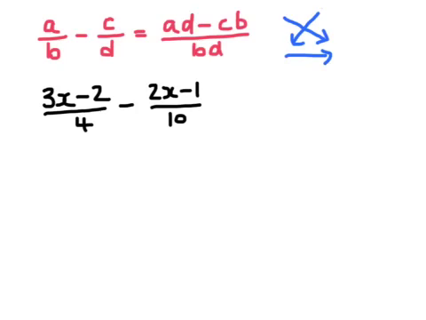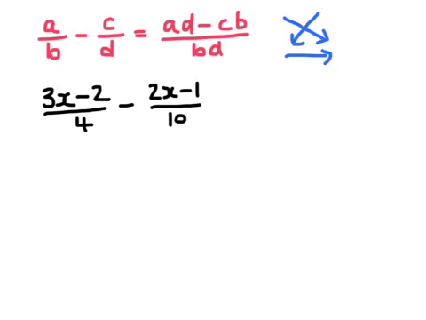So if we move to the example here, if we look at 3x minus 2 over 4 minus 2x minus 1 over 10, and if we apply the rule that we've just discussed, we multiply the 3x minus 2 by 10 minus the 2x minus 1 by 4 and divide that by 4 times 10.